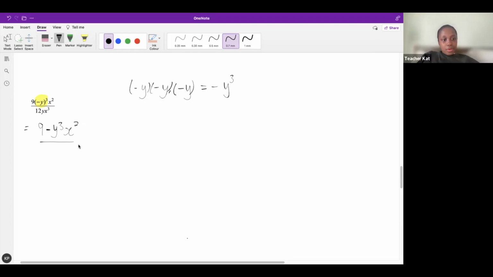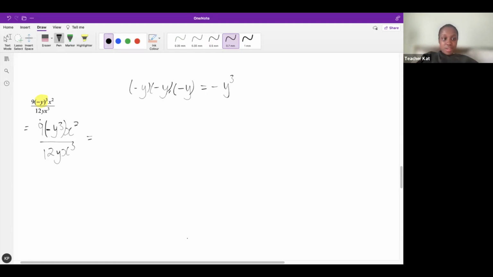Okay, over 12yx cubed. Now, I want us to deal with this negative first. Okay, we are in the numerator now. A positive 9 times a negative times a positive. So in the numerator, my overall sign is a what? Remember, these are all being multiplied with one another.